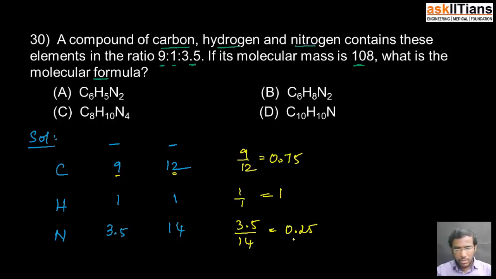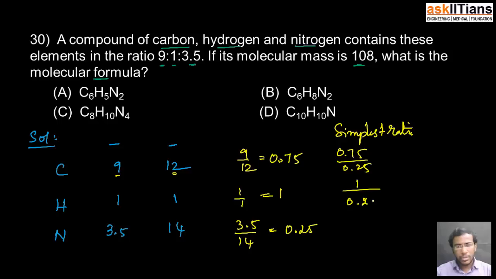You get the simplest ratio when you divide by the smallest one, that is 0.25. So it is 0.75 divided by 0.25, 1 by 0.25, and 0.25 by 0.25. We're just dividing all these by 0.25. So this is 3, this is 4, and this is 1.